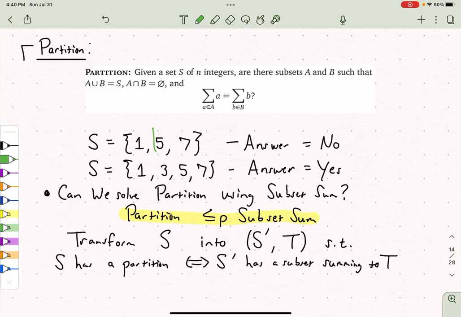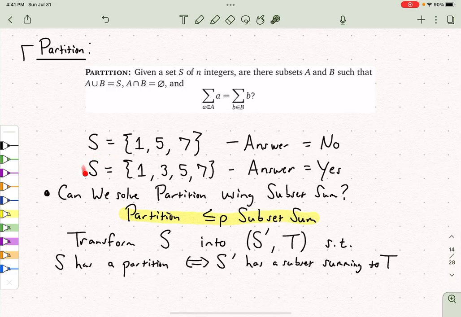Obviously that's going to fail because 5 plus 7 is 12, way bigger than 1. We could also just have 5 in its own set, so then we have 1 plus 7 is 8, and 5 does not equal 8. And so that's all possible subsets, other than the empty set and all of it, which clearly won't work. So overall, we answer no. There's no way to partition the set so that the two sides of the partition are equal.